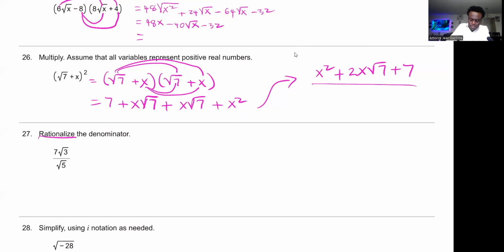Rationalize. Rationalize means remove radical from denominator.